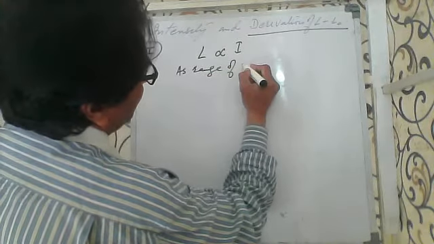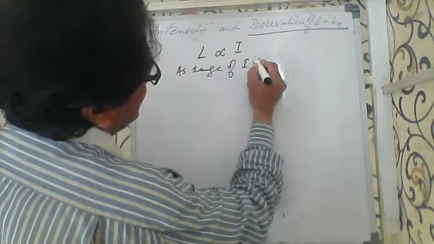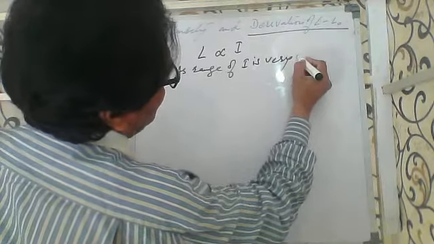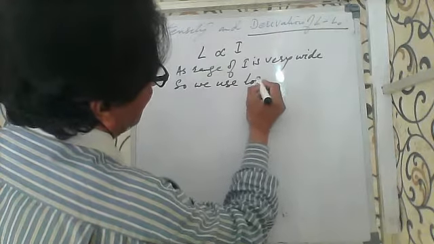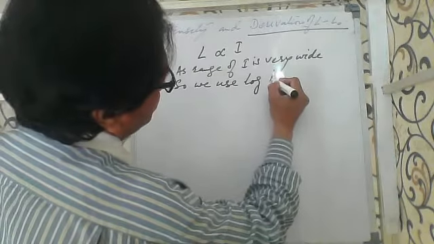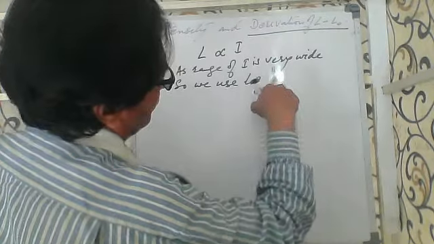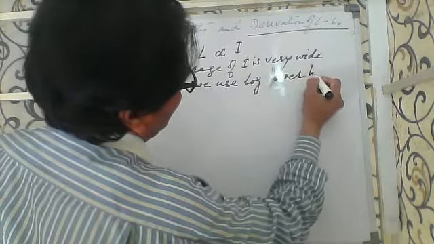But we will just write a single sentence over here: the range of intensity is very wide, so we use log over here.